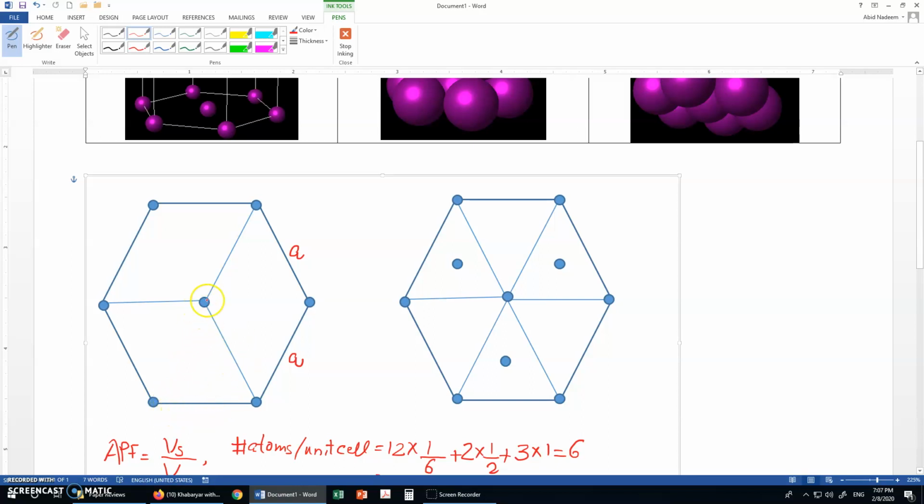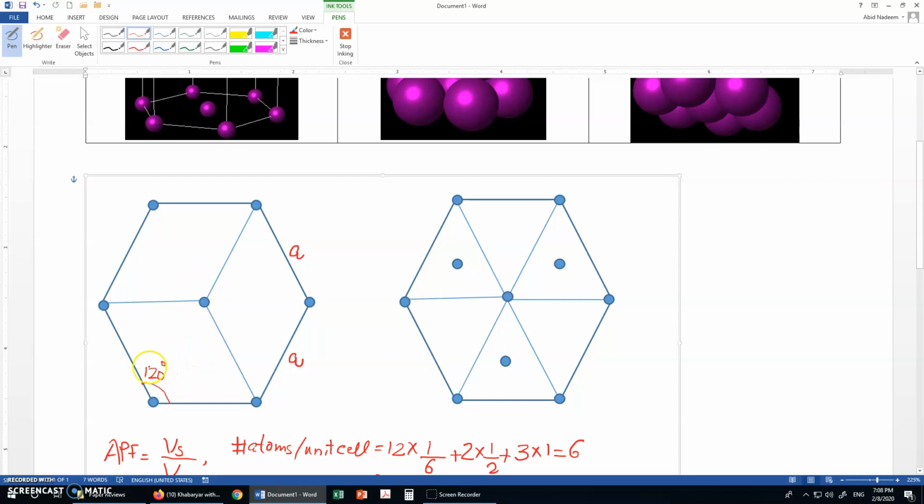From the property of the hexagon, we know that each angle is 120 degrees. So if you want to find the total area of this base, we can take the area of one parallelogram and multiply it by 3. That will be the area of the base.